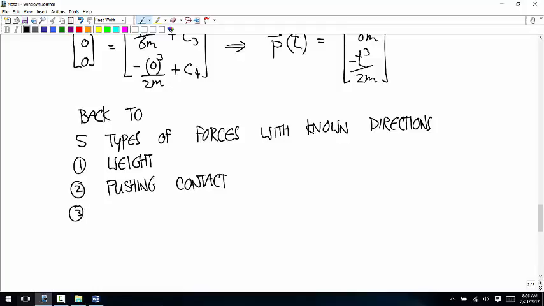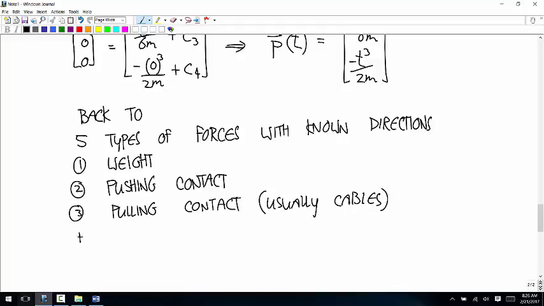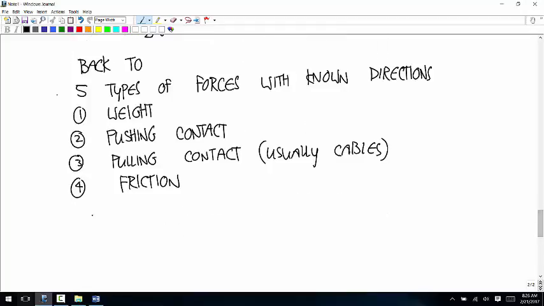The third one is pulling contact. Usually, but not always, this involves cables, strings, and ropes. The fourth one is friction. And the fifth one is springs. Who remembers why we deal with springs?